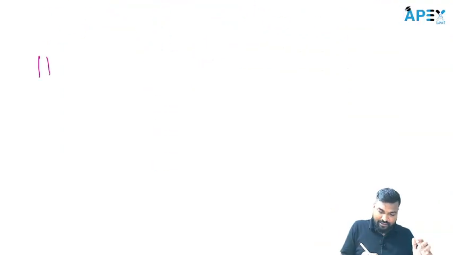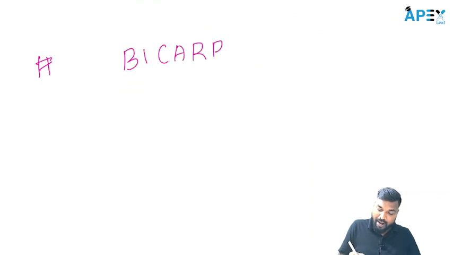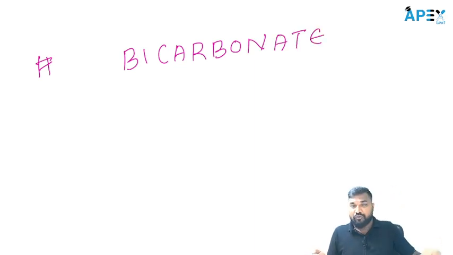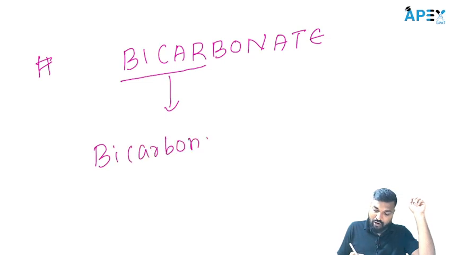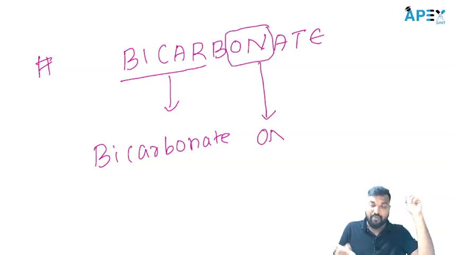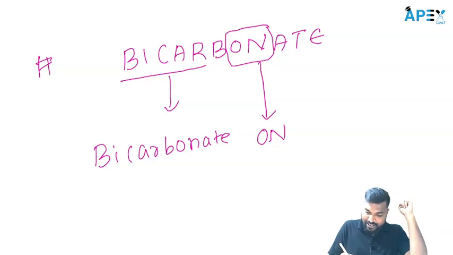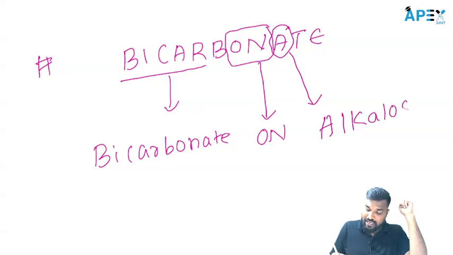The third important thing, bicarbonate. So, what is the effect of bicarbonate on acid-base balance? Simple. Here also the name is saying bicarbonate on. On means increases. What is it causing? A, that is alkalosis.